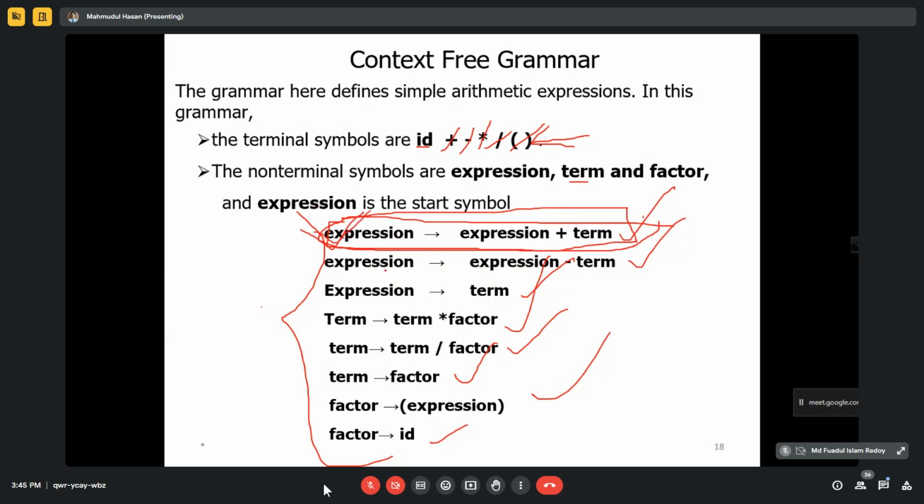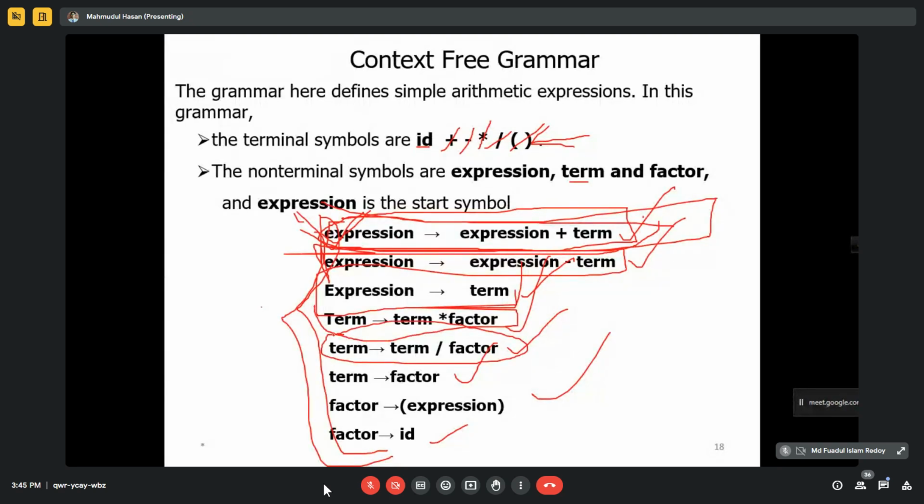Suppose there are 1, 2, 3, 4, 5, 6, 7, 8, so there are 8 production rules. Oh, like statements. I understand. Yes. That means this whole line is a production rule. This one is a production rule. This one is another production rule. This one is another production rule.